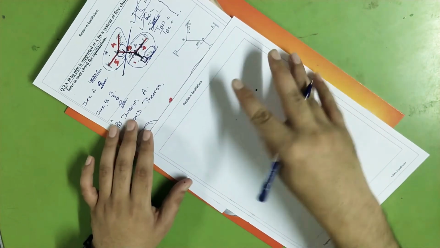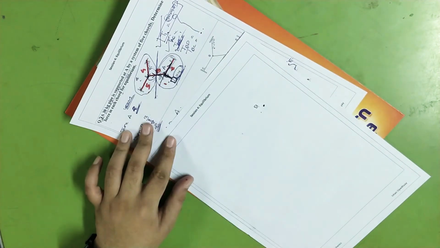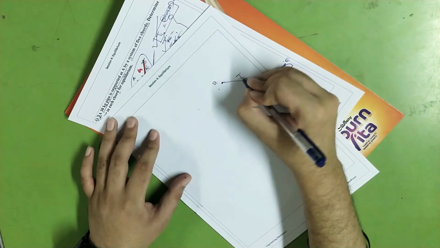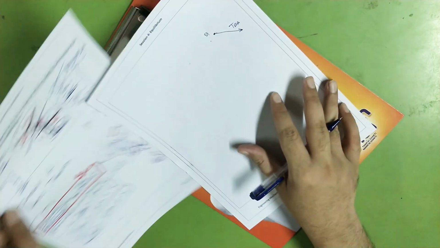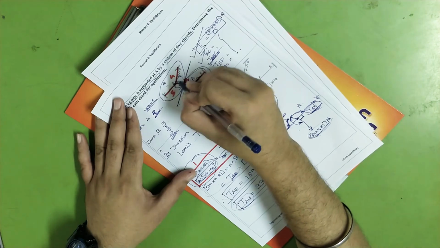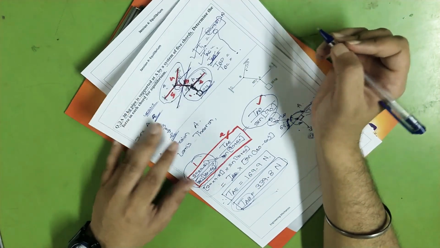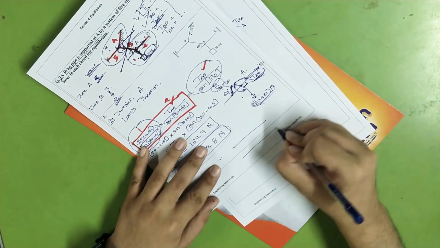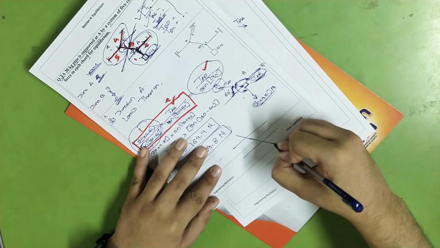Now at junction B, what all forces are acting? First is what? TBA. So here I'll draw the inclined force, TBA, or we can say TAB. Now focus here. When this is making 60 degrees, can I say that when I draw a horizontal line over here, this will also make 60 degrees? It's just like one horizontal line, this is another horizontal line, and then this inclined line is given.